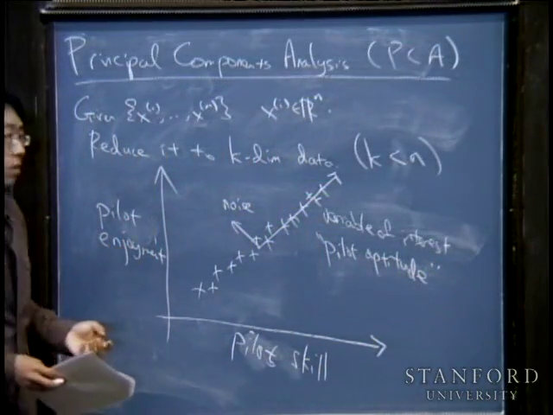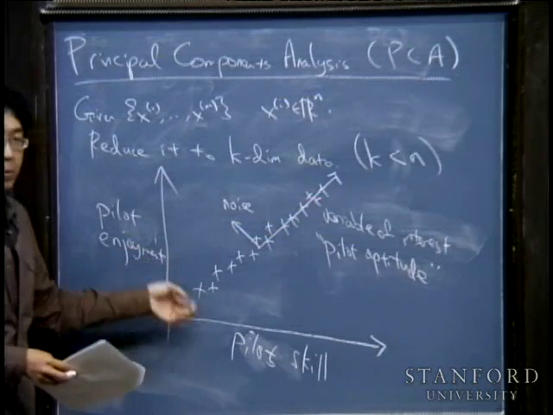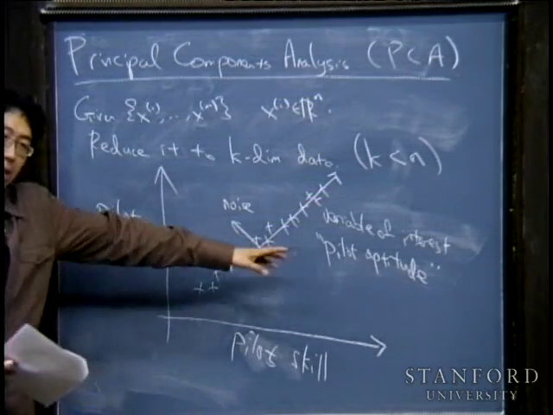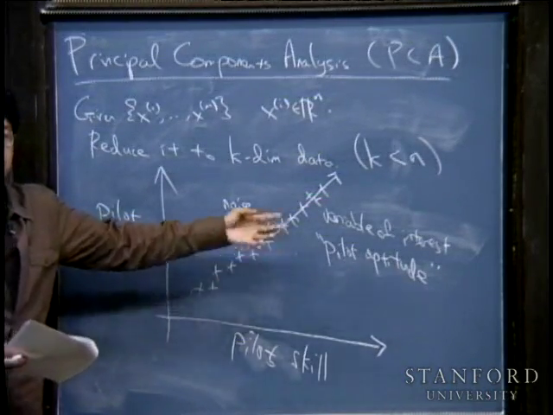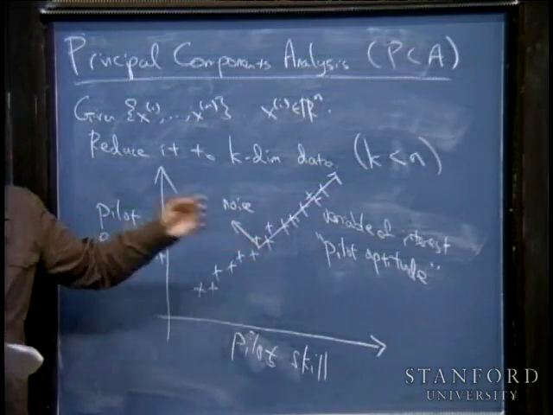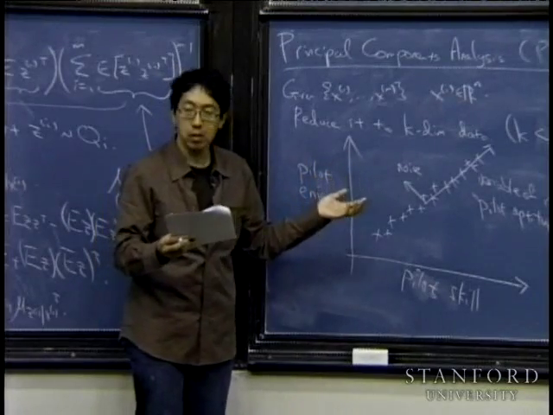And so again, if you can reduce this data from two dimensions to one dimension, maybe you have a slightly better measure of what I'm calling loosely pilot aptitude, which may be what you're really wanting to capture.